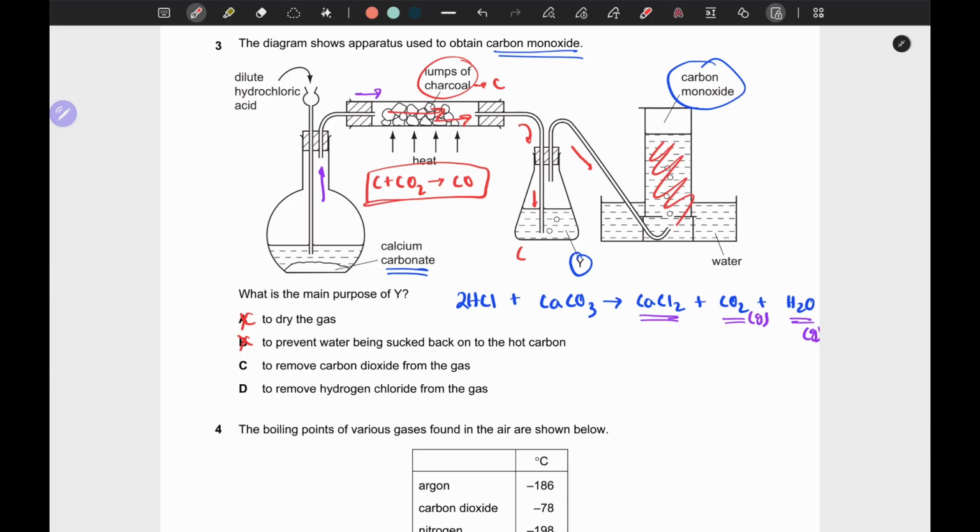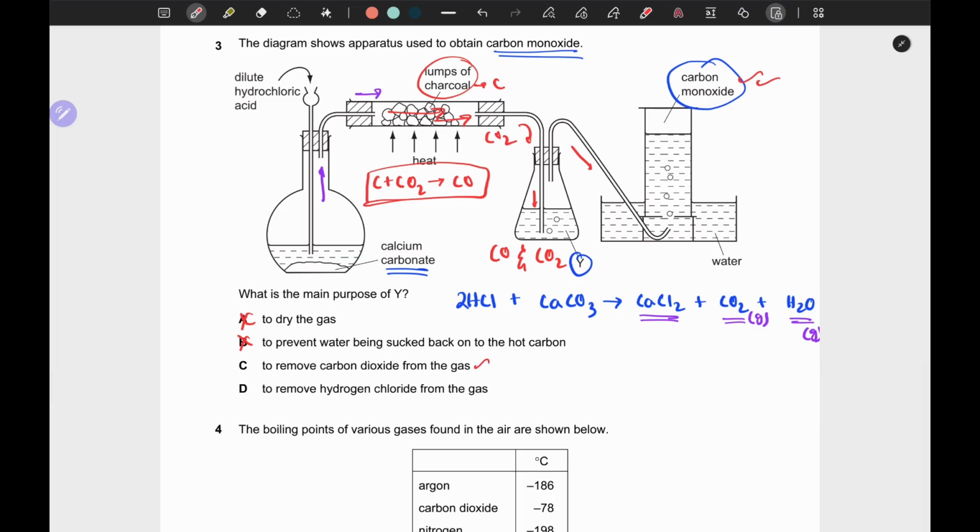So as it keeps on passing, some of the carbon dioxide indeed also moves along with carbon monoxide. So in this tube, or in the conical flask, we have both carbon monoxide and carbon dioxide. But what is our goal at the end of the reaction? To only collect carbon monoxide. So we need to get rid of carbon dioxide somehow. So C, to remove carbon dioxide from the gas, does make sense.